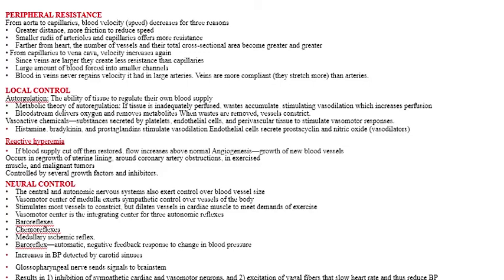Metabolic theory of autoregulation: the metabolic substances in the tissue directly control the blood flow. If tissue is inadequately perfused, when there is less blood, waste accumulates, and this accumulation stimulates the blood vessels to dilate.